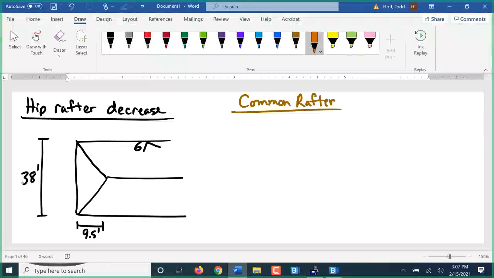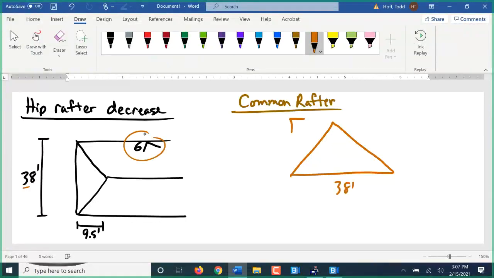Our common rafter is going to be the 38-foot span and the 6/12 slope. The first thing I want to find about the common rafter is the height. The second thing I'm going to find is the length of the common rafter.